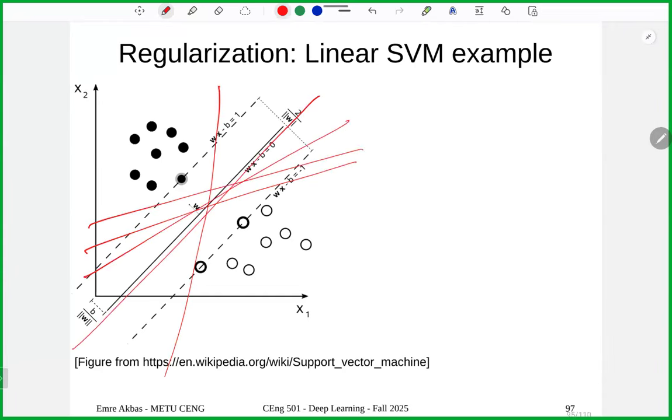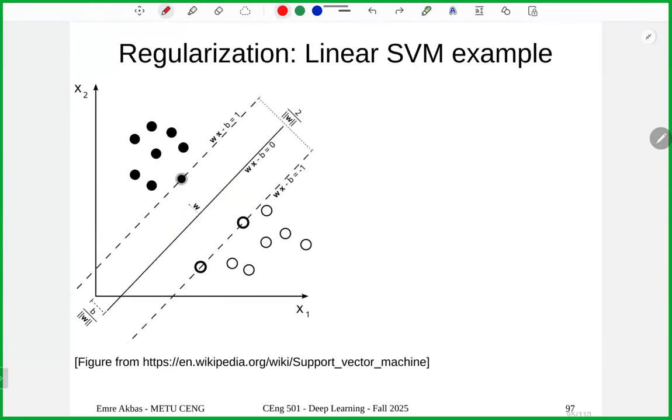There are infinitely many decision boundaries that give you zero training error or loss. Which one should you choose? That's the question. If you remember the loss function of linear SVM, can you write it from your memory?